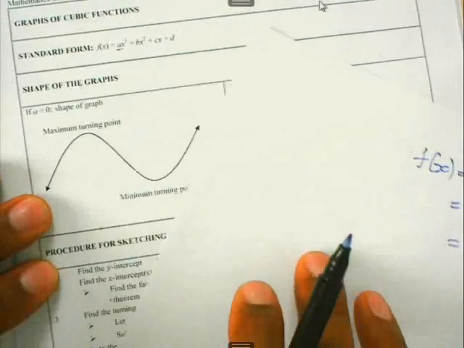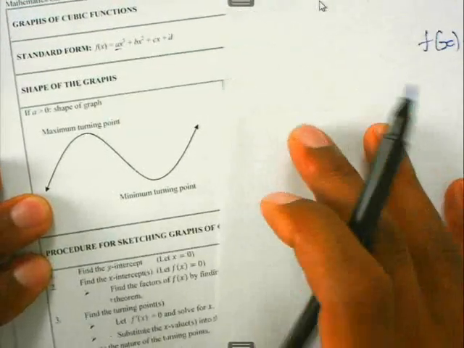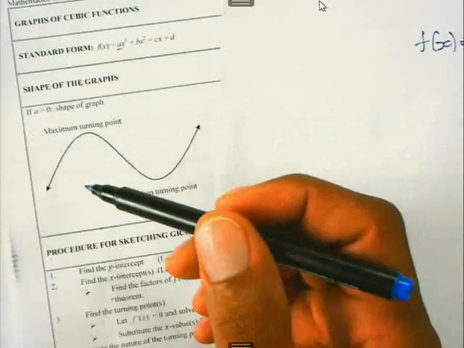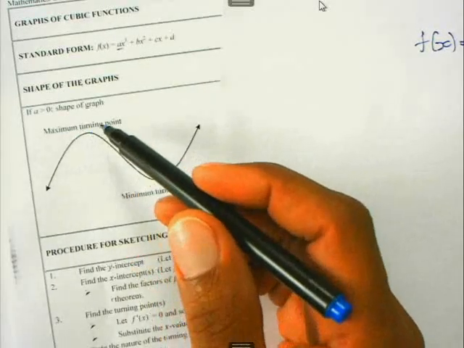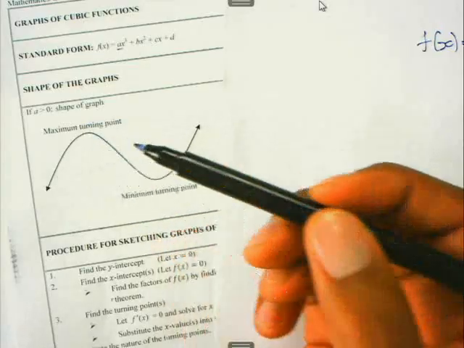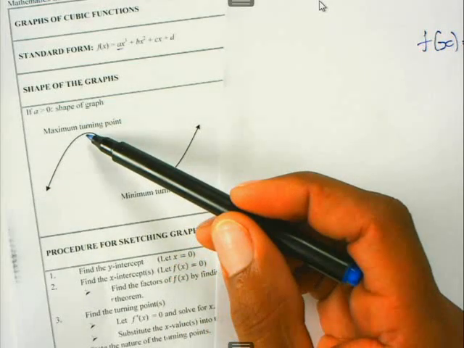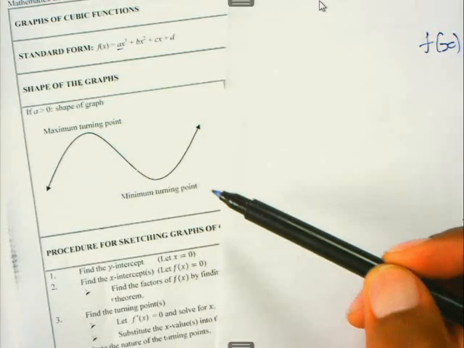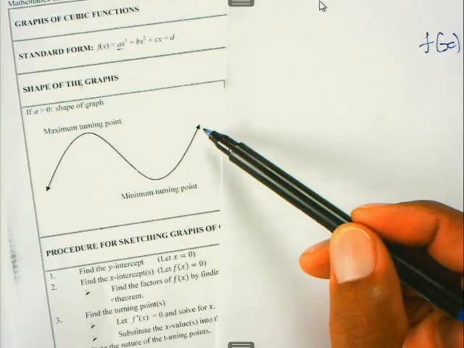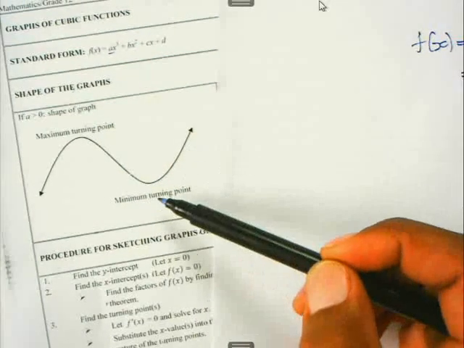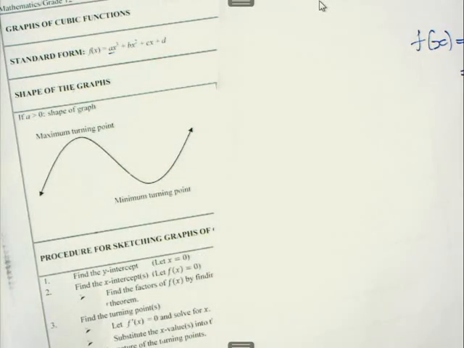Let us look at this side, where a is greater than 0. Then the shape looks exactly like this. It means the function will increase first, and then we have the maximum turning point, and thereafter the function decreases and then increases. When it decreases and increases, we have the minimum turning point.